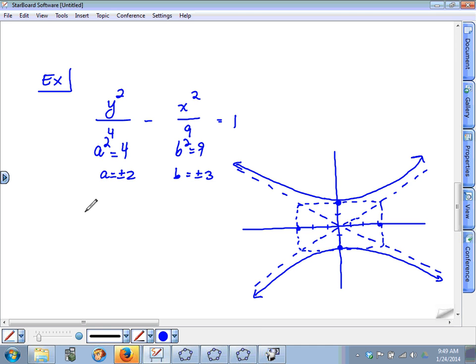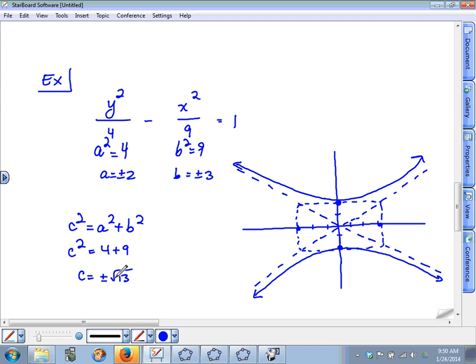And last, we need the foci. C squared is a squared plus b squared. So c squared is 4 plus 9. So c is equal to, well, actually it's plus or minus. So yeah, we just got to estimate. Square root of 13 is pretty close to square root of 16.